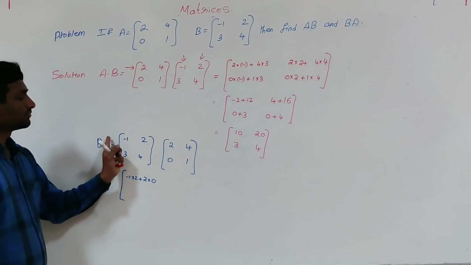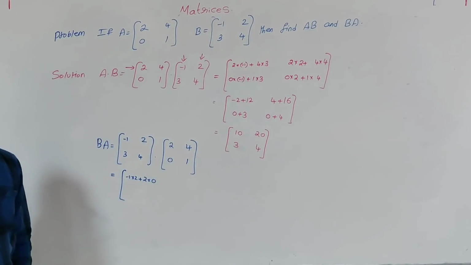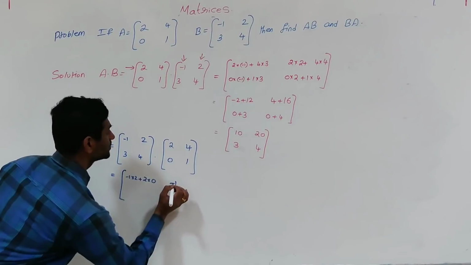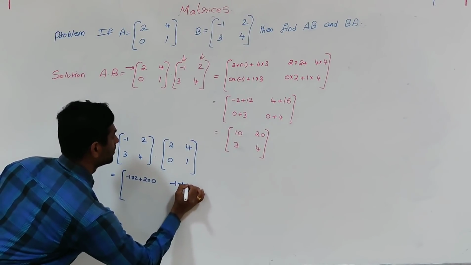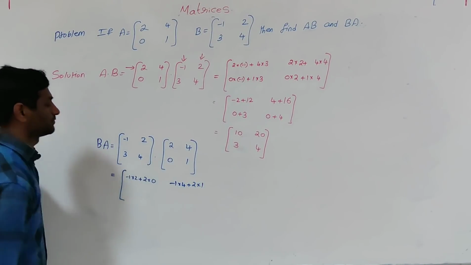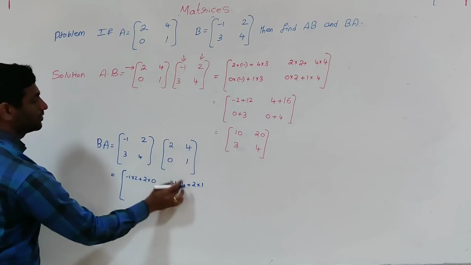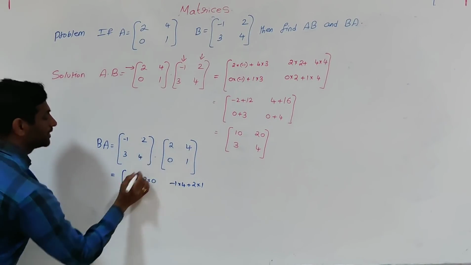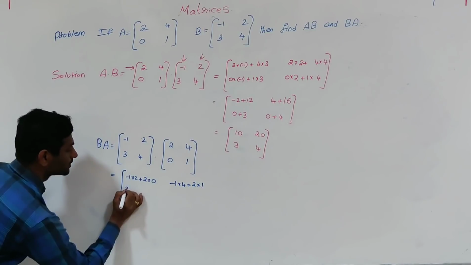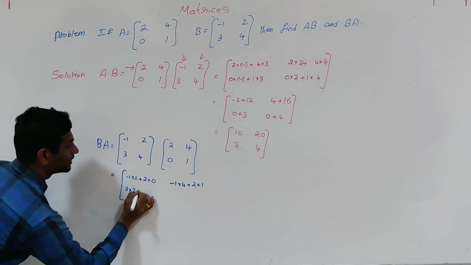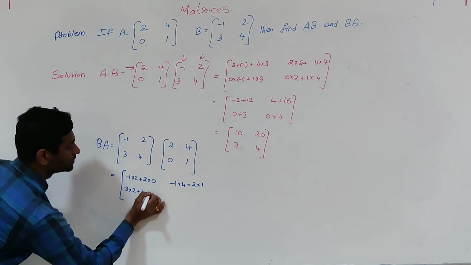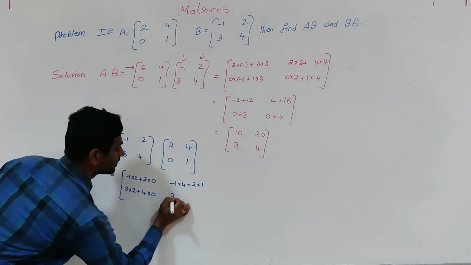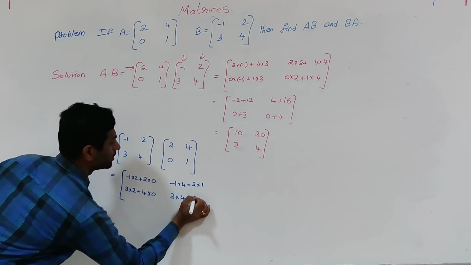Next, first row with second column: -1 into 4 plus 2 into 1. Next, second row with first column elements: 3 into 2 plus 4 into 0. Next, 3 into 4 plus 4 into 1.